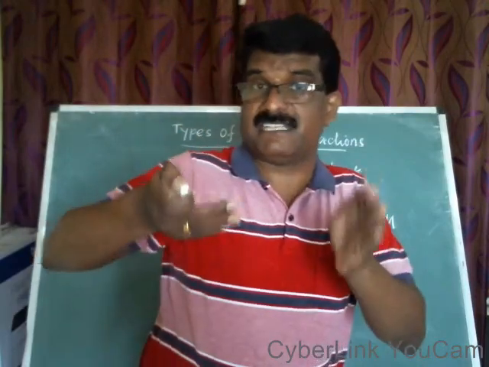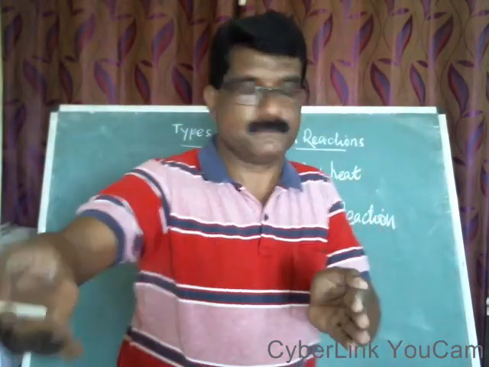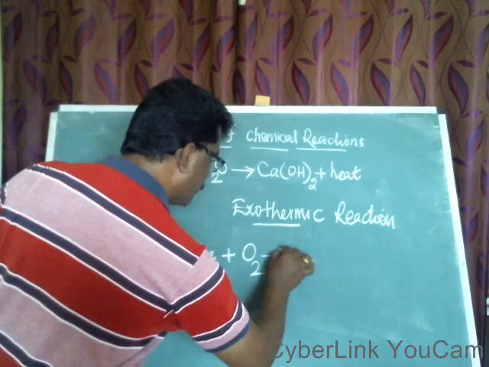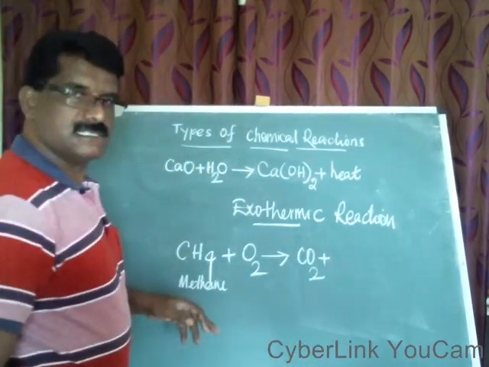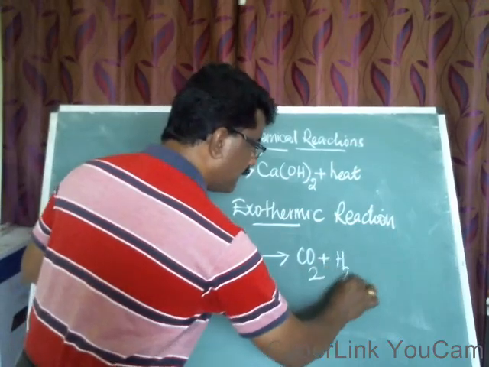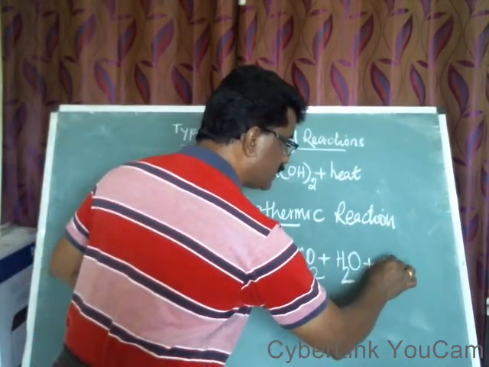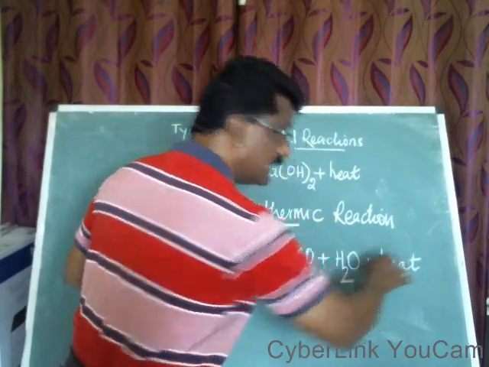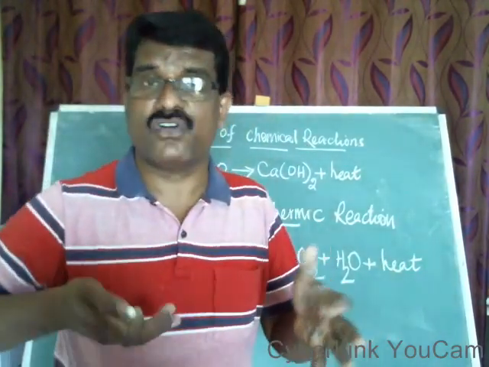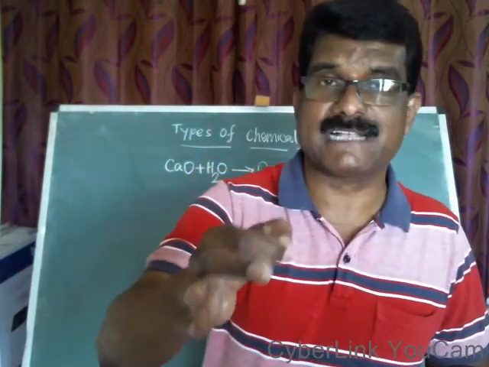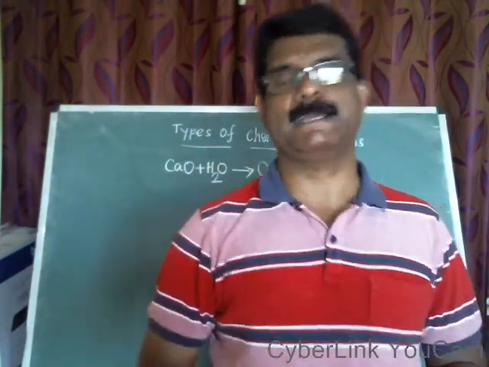So when methane is burned in presence of oxygen, it produces carbon dioxide plus water vapor along with the release of heat energy. Therefore, burning of natural gas is also an example of an exothermic reaction.